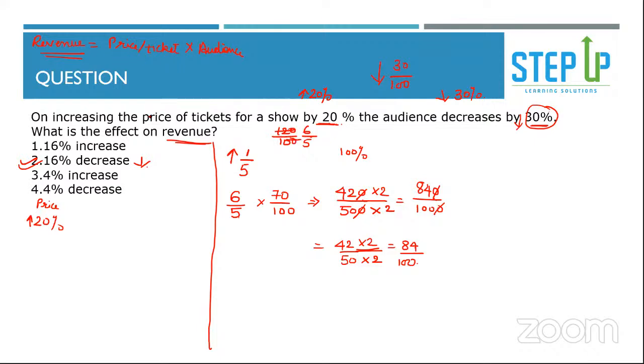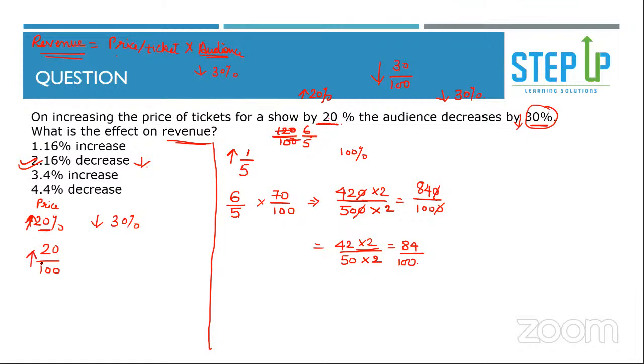Price of tickets for a show is increased by 20%. It means that price increased by 20%, and the audience decreased by 30%. So if I just want to write this 20 by 100, if I remove this percentage sign, it will be 20 by 100.